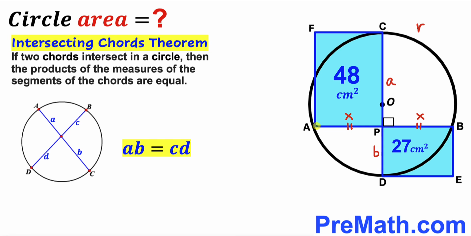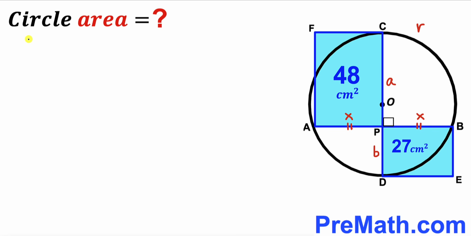And here we got these two chords AB and CD, and they intersect each other at this point P. And as a result, we end up with these segments x, x, a, and b. So therefore, we can write the product of these segments x and x must be equal to segment a times segment b.